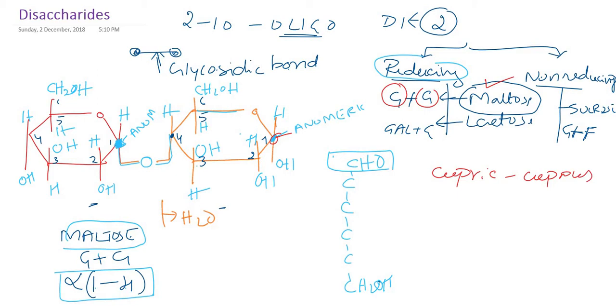This is the Benedict's test. When you learn the Benedict test, you will understand. Or it can even reduce ferric to ferrous. Then we call it a reducing sugar. Reducing sugar means in a given disaccharide, if any one functional group is free, then it is called a reducing sugar.